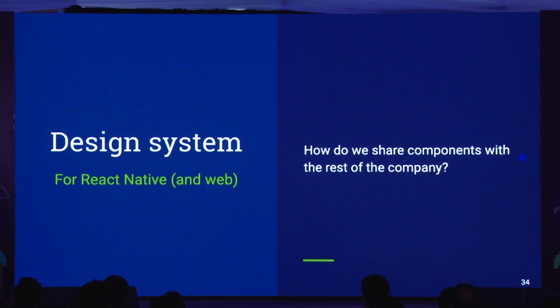And that's where React Native Web comes into play, because that enables us to take our component library and actually transform it into a website so that our designers can see what we have done so far. So this is how we actually share our components and a lot of unofficial things with the rest of the company. So it's like magic.